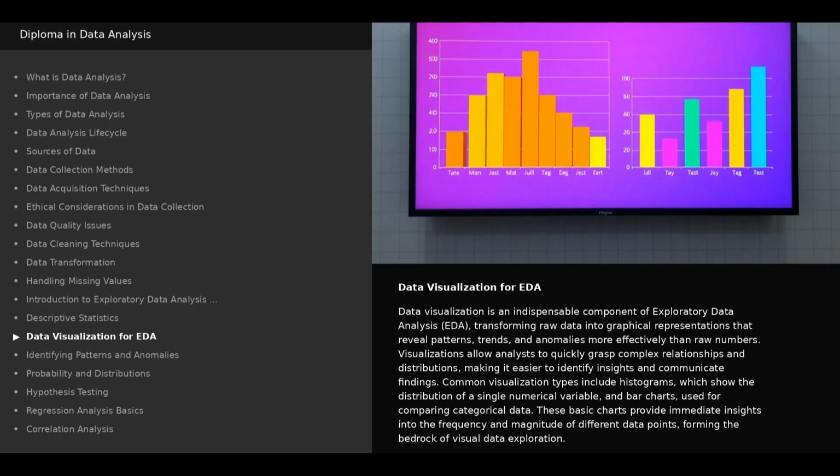Common visualization types include histograms, which show the distribution of a single numerical variable, and bar charts, used for comparing categorical data. These basic charts provide immediate insights into the frequency and magnitude of different data points, forming the bedrock of visual data exploration.